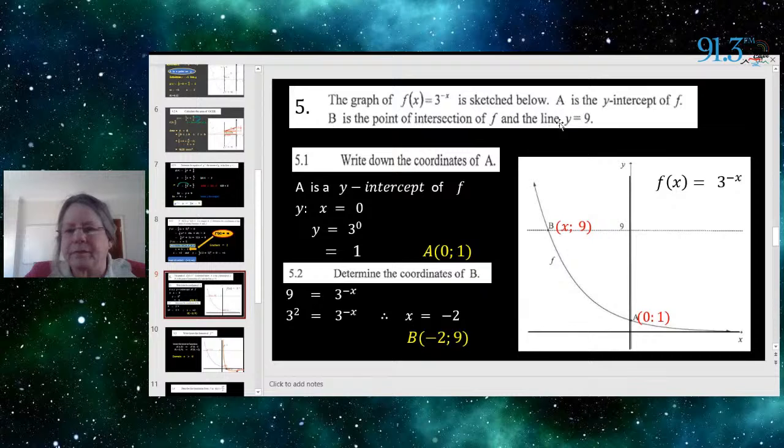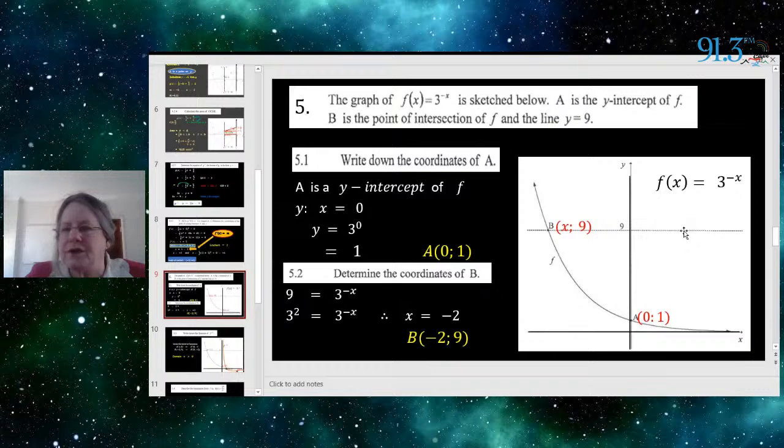A is the y-intercept of f, and B is a point of intersection of f and the line y equals 9. So if you paid careful attention to the previous question, there we had a vertical line. Here we have a horizontal line.